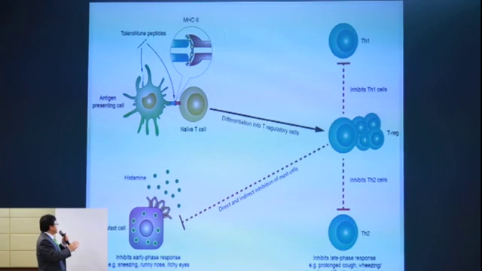The other example is that a company named Circassia in the UK designed a small peptide. This peptide can link dendritic cells and the naive cells.